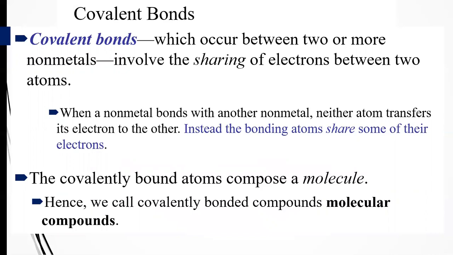They form between one atom and one atom. So covalently bonded atoms make up molecules, and they're called molecular compounds. Normally we form discrete molecules, not just a big conglomeration.